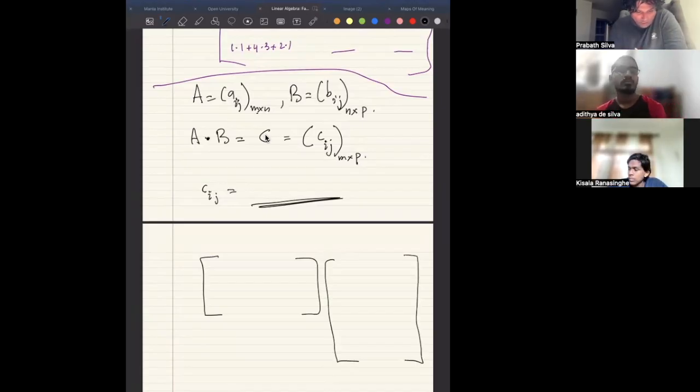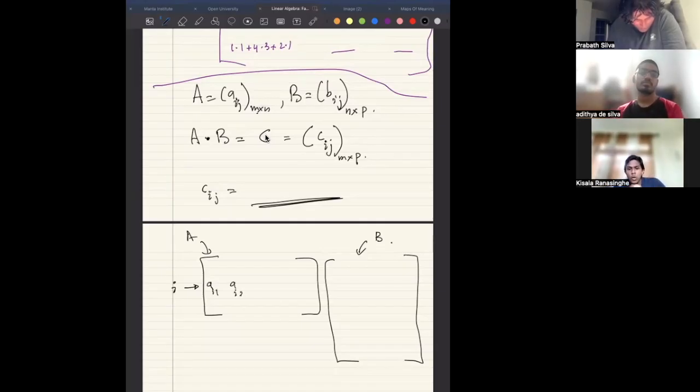So this is the matrix A, this is the matrix B, okay? So we have the ith row. This is A_i1, A_i2, dot, dot, dot, A_in, this is m by n, so it goes up to n, okay?